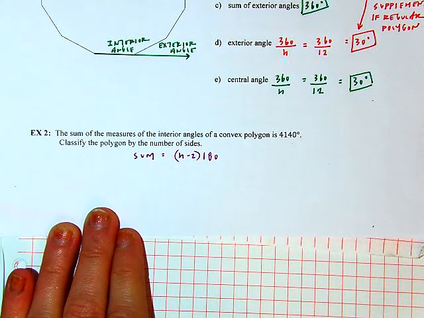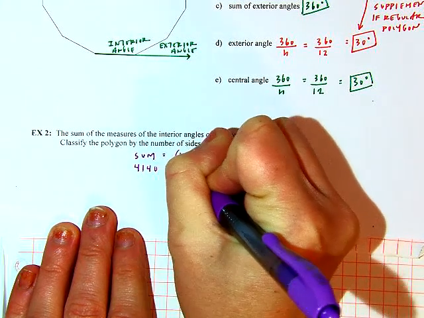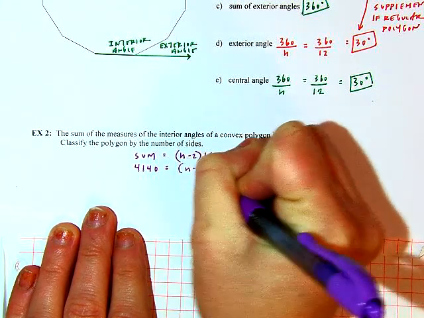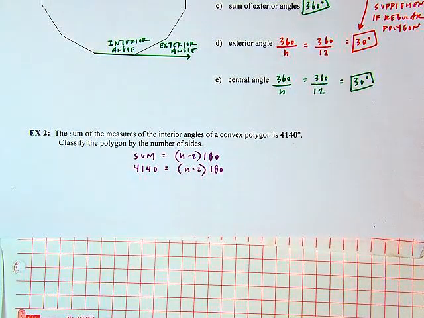We're given the sum, so 4,140 equals n minus 2 times 180. From here, it's really just an algebra problem. We're trying to solve for n. n is our number of sides. It would also be the same as the number of angles, but we're focusing on sides.